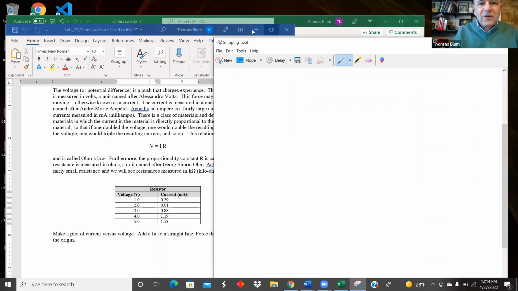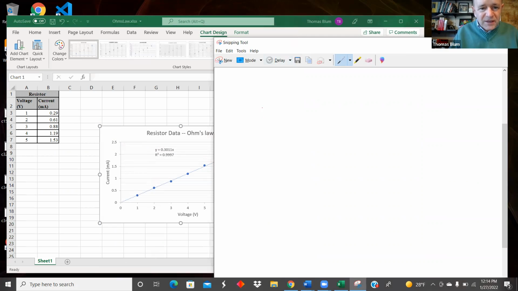So I have, from Excel, this equation y equals 0.3011x. And then I look at my y-axis as current, so I'm going to make the y an I, and on the x-axis, I have voltage, so I'm going to make the x a V.